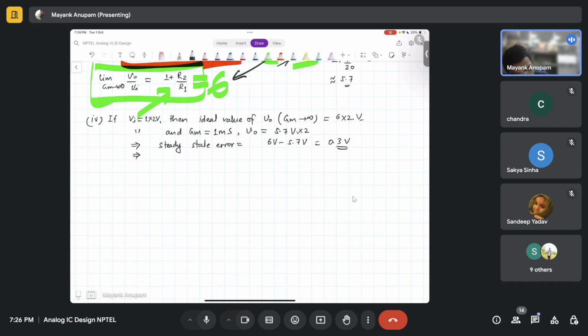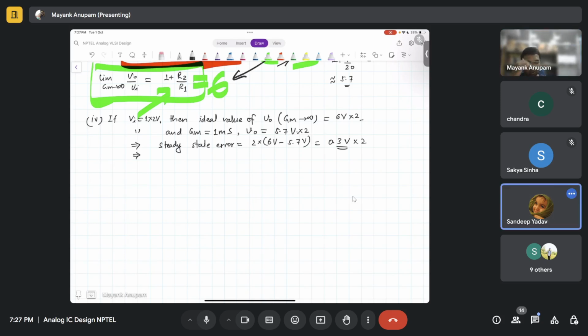And instead of 5.7 volts, V0 would have been 5.7 into 2. So what would the steady state error have been in that case? Everything multiplied by 2, right? Correct?